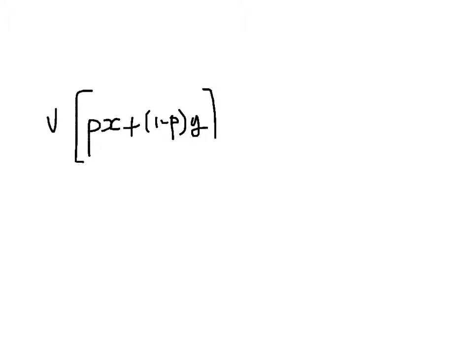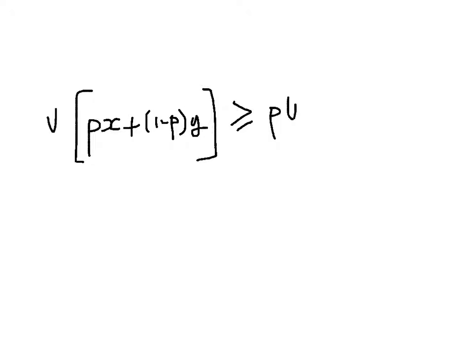If I consider the expected value given the probability of getting x and given the probability of getting y, and if I look at the utility of the expected value, this is going to be greater than or equal to the expected utility of the gamble, which expected utility theory tells us is none other than a weighted average of the utility of each outcome.